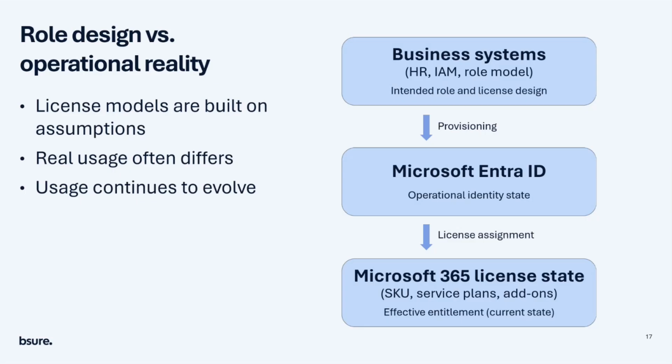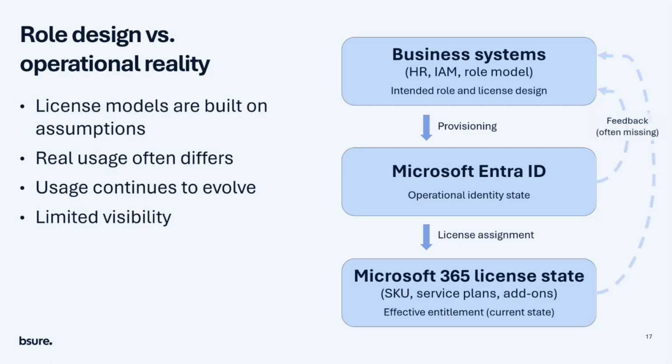In addition to that, usage evolves. People move, get new roles, so there's a drift. And there is limited visibility to see the overall picture. We can see what licenses have been assigned, and we might see some activities in different portals, but there's no unified view.